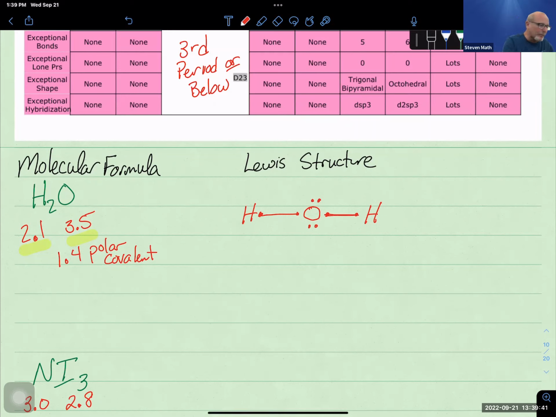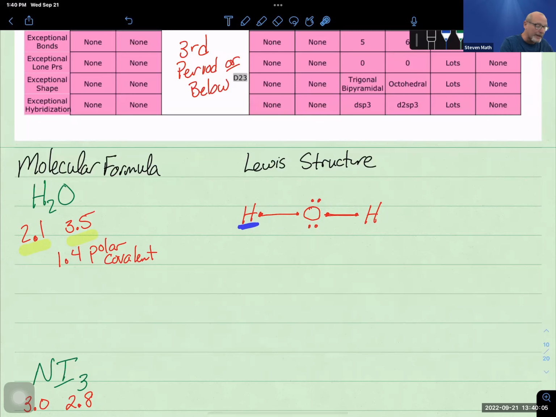How does it do that? Well, if we look at this molecule, oxygen gets to count both of those electrons because they're sharing. So that's 2, 4, 6. They're sharing those electrons, and 8. So oxygen has an octet around it.